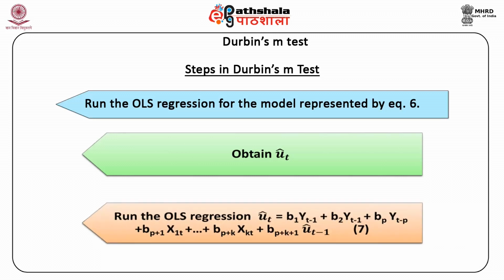Third, run the OLS regression, which can be written as ut hat is equal to b1 yt minus 1 plus b2 yt minus 2 plus bp yt minus p plus bp plus 1 x1t plus so on plus bp plus k into xkt plus bp plus k plus 1 into ut minus 1 hat. This can be defined as our equation 7.